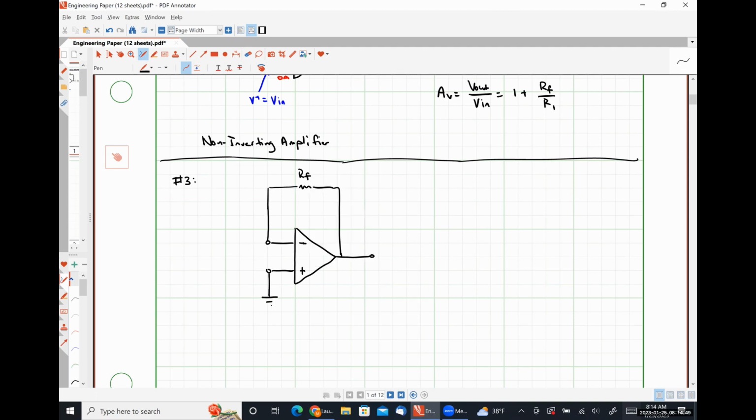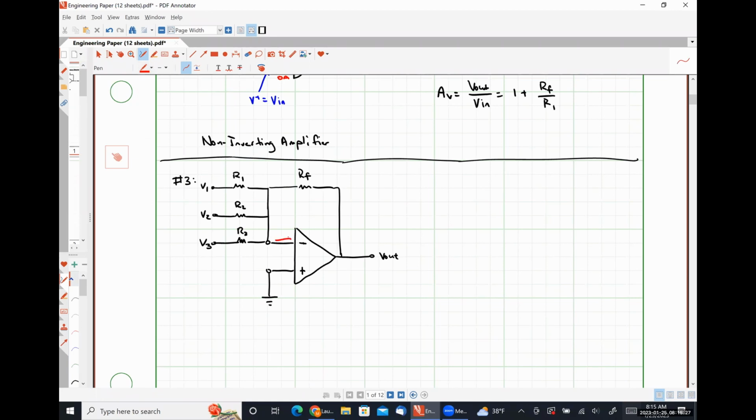I'm going to ground my non-inverting input terminal. And then over here, I'm going to connect multiple resistors. So let's call this one R1, this one R2, this one R3. And I'm also going to apply multiple input voltages. So let's call this V1, V2, and V3. And over here, we have V out.